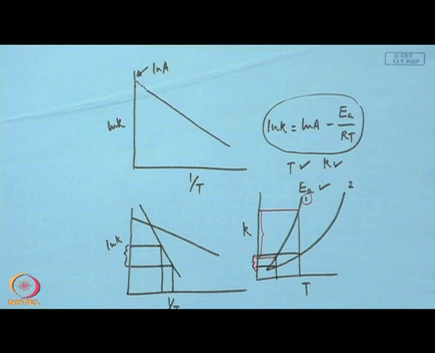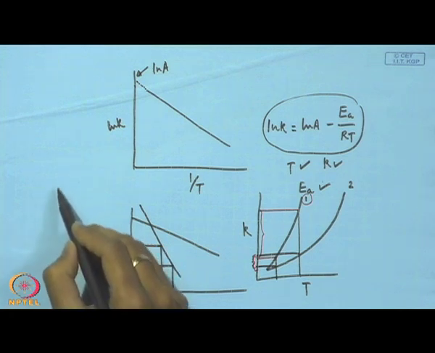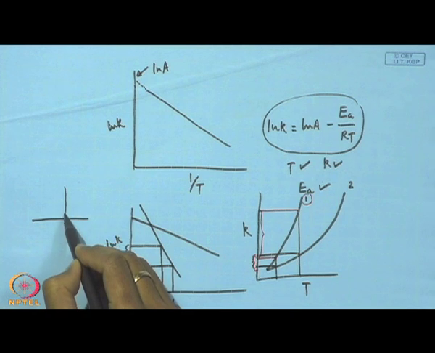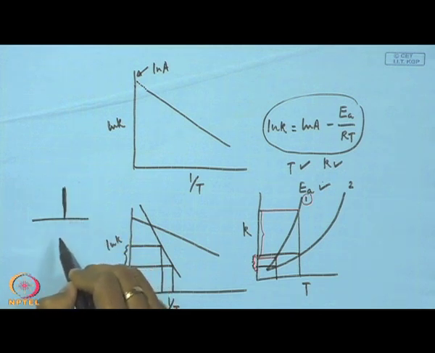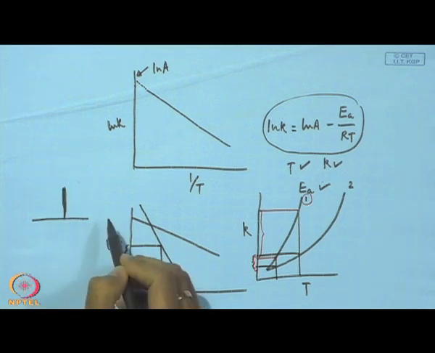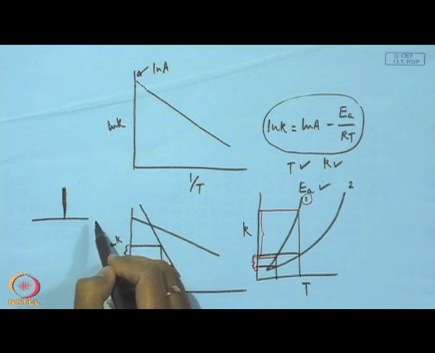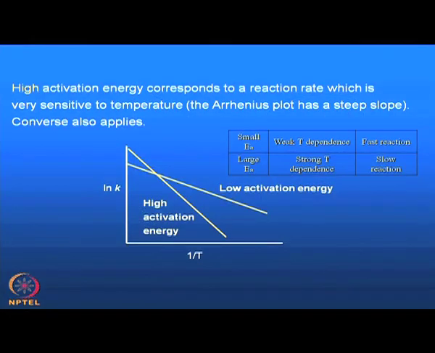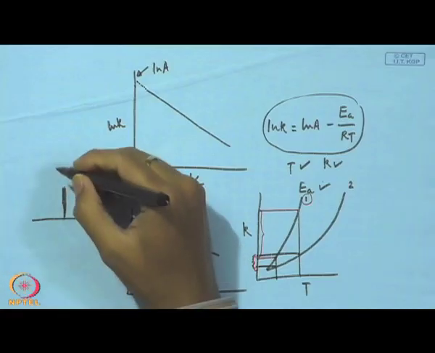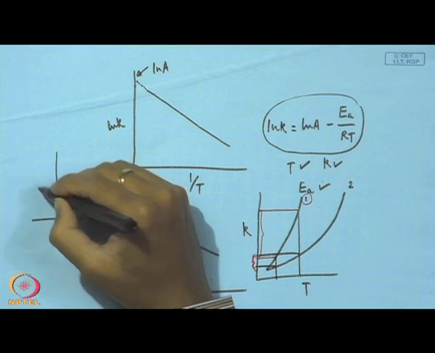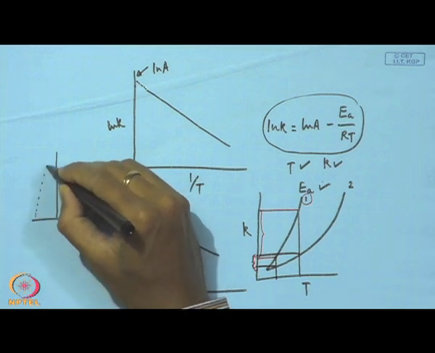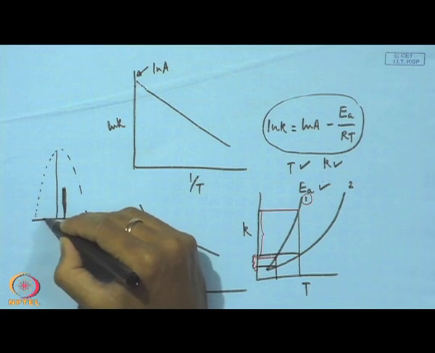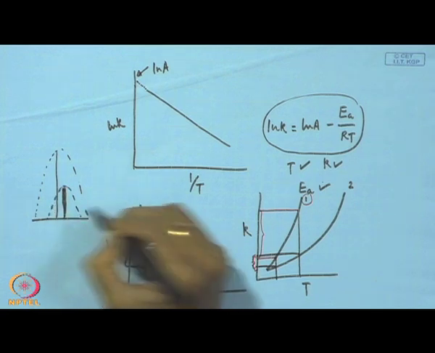Why faster? Again it can be stated in the same way: in that case the barrier height is less. But when the activation energy is high, although it corresponds to a reaction which is very sensitive to temperature, the reaction is slow, because the barrier height in the high activation energy case is high. So, it requires a high amount of energy to cross this barrier, but here it requires less energy to cross the barrier.